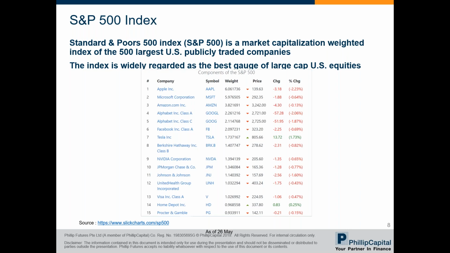It can be regarded as the best gauge of large cap US equities. Companies include Microsoft, Apple, Amazon, Google, Berkshire Hathaway, etc. Due to its wide coverage of the US stock market, investors who wish to invest in a wide basket of US shares may consider trading the S&P Index Futures.